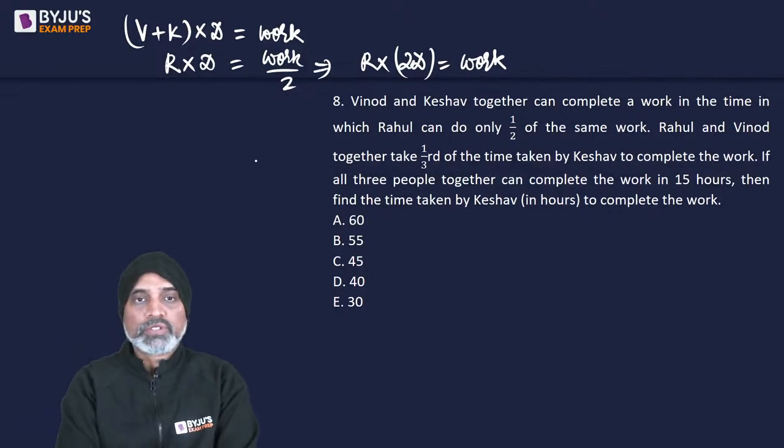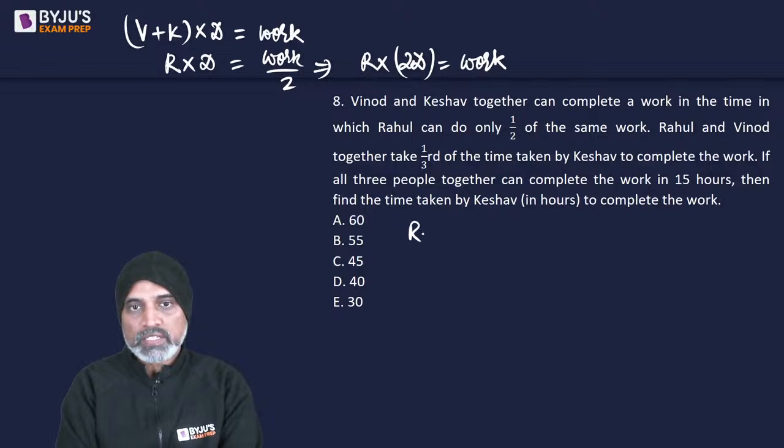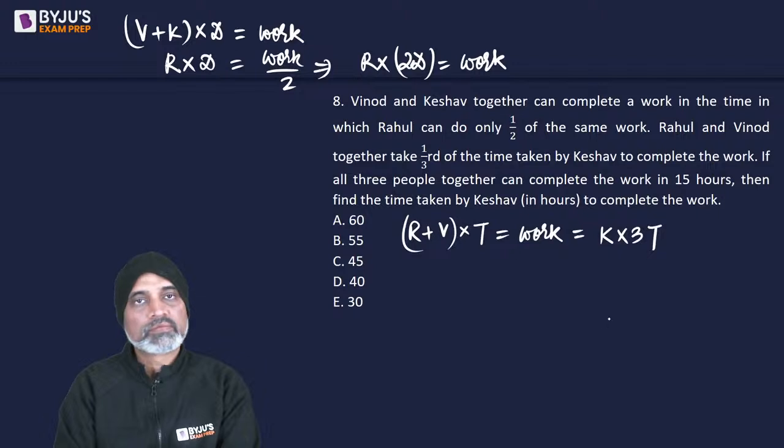Now the next part is Rahul and Vinod. Together, they take 1/3 of the time taken by Keshav to complete the work. So if they take T time to finish the work, the same work Keshav does in 3T. Right?